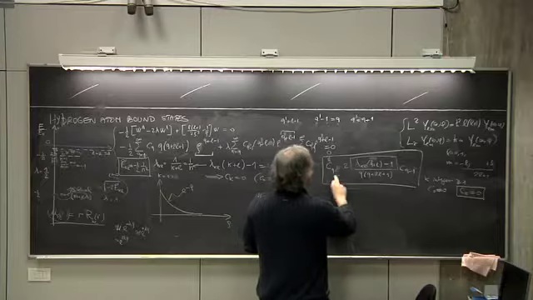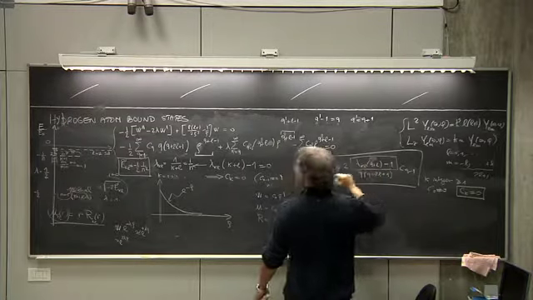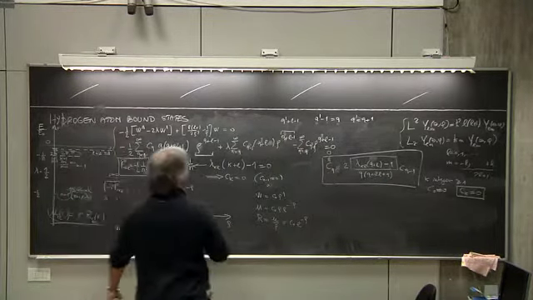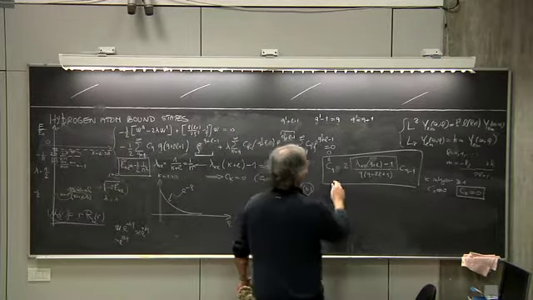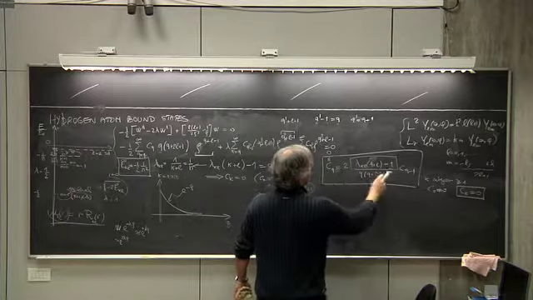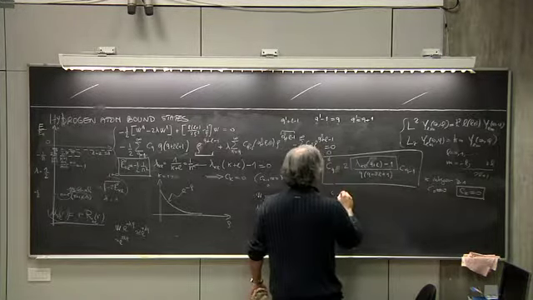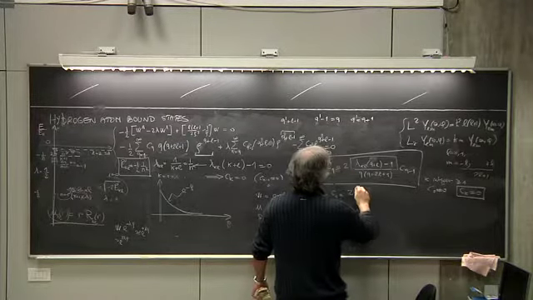So, I have, let's see. Suppose that I have L equal 1, then I write, for instance, C1 would be equal to twice.